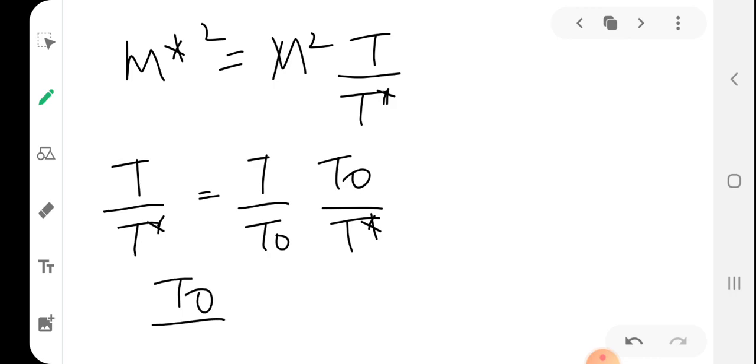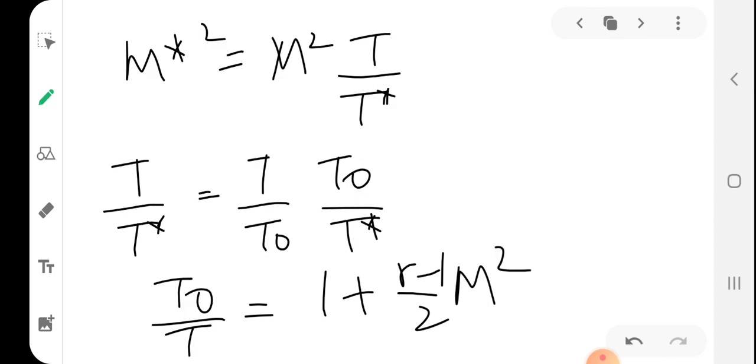You have already learned the relationship between stagnation properties, stagnation temperature and local static temperature: T0 by T is 1 plus gamma minus 1 by 2 Mach square. So T0 by T star can be written as T0 by T at Mach equal to 1, because T star is the temperature corresponding to the critical section.